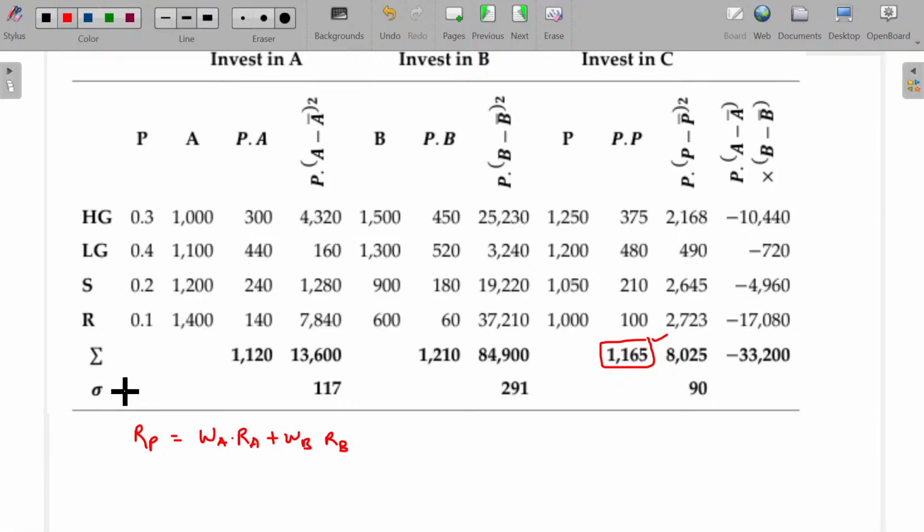What is the weightage you invest in A? 50%. What is the weightage of your investment in B? 50%, 0.5. What is the return from A? 1120. What is the return from B? 1210. So 0.5 into 1210. What is the value you are getting?